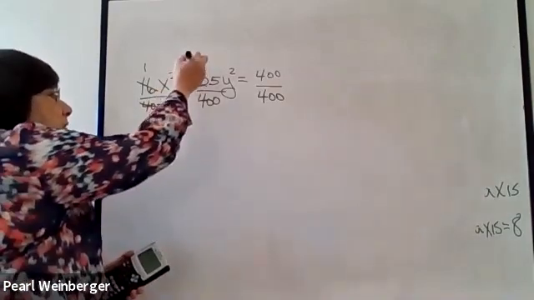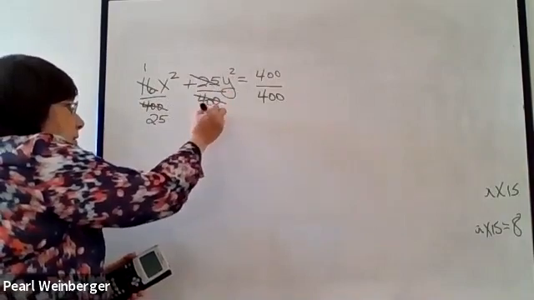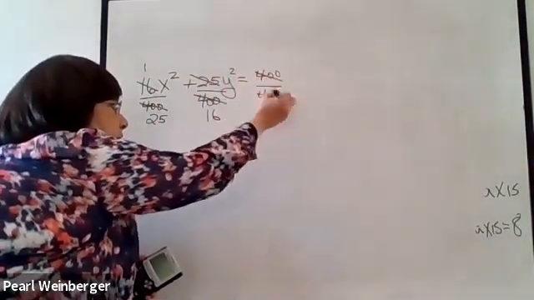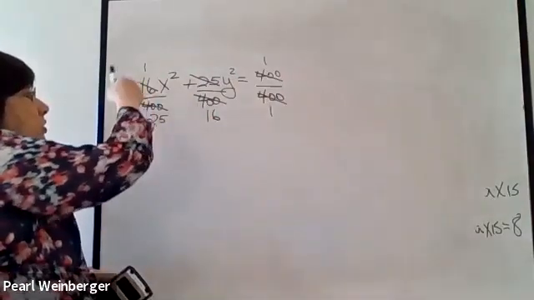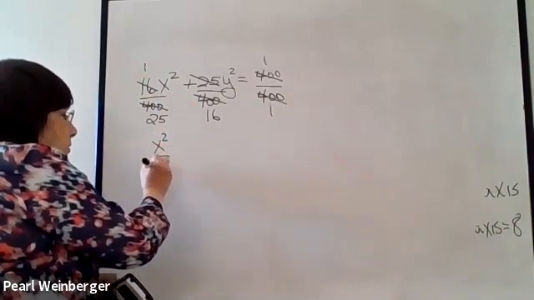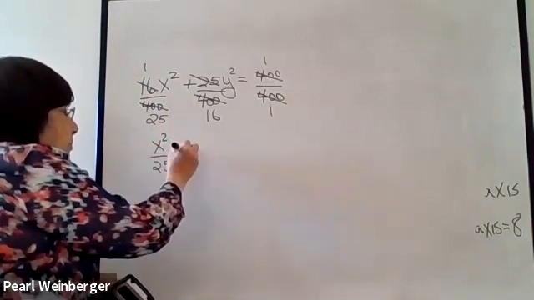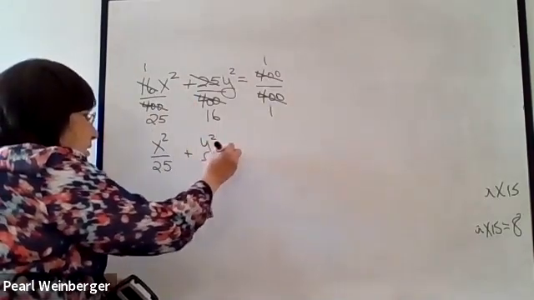That gives me 16. So I can cancel this out and this will give me 16. And obviously this both cancels out, so I'm left with 1. So this equation becomes x squared over 25 plus y squared over 16 equals 1.